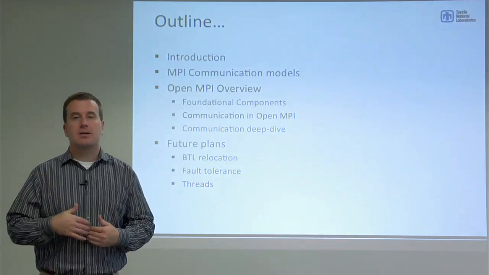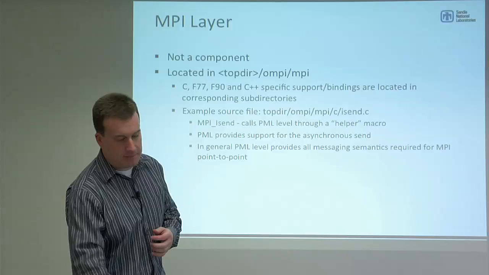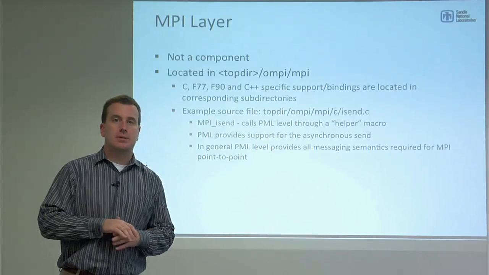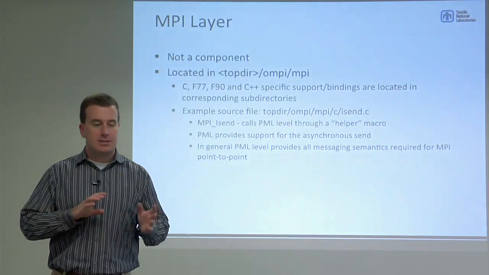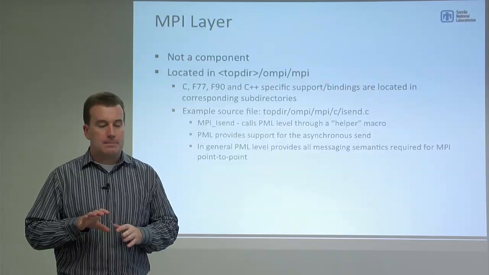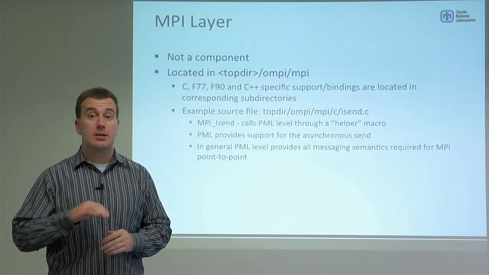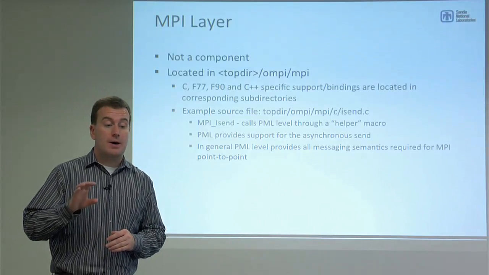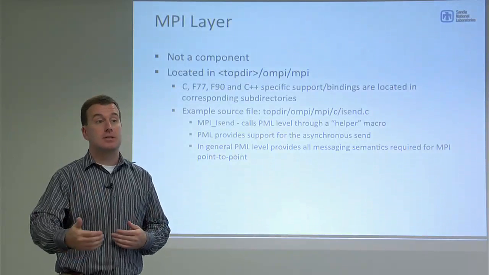So now let's start talking about what actually happens when you move data. You start at the MPI layer. We're going to spend one slide here and then be done with it. It's located in the directory listed. Basically, all it does is it's where all the argument checking occurs, and then it makes a down call into the PML to actually start the data transfer.